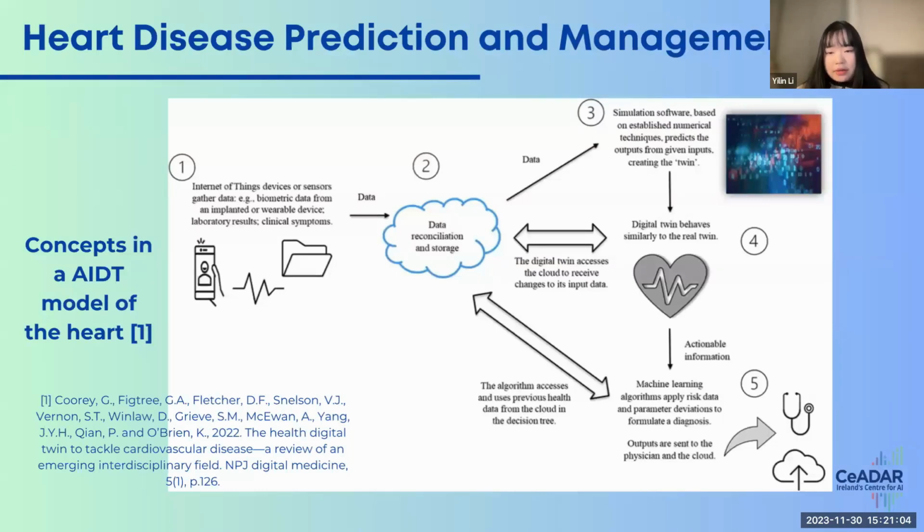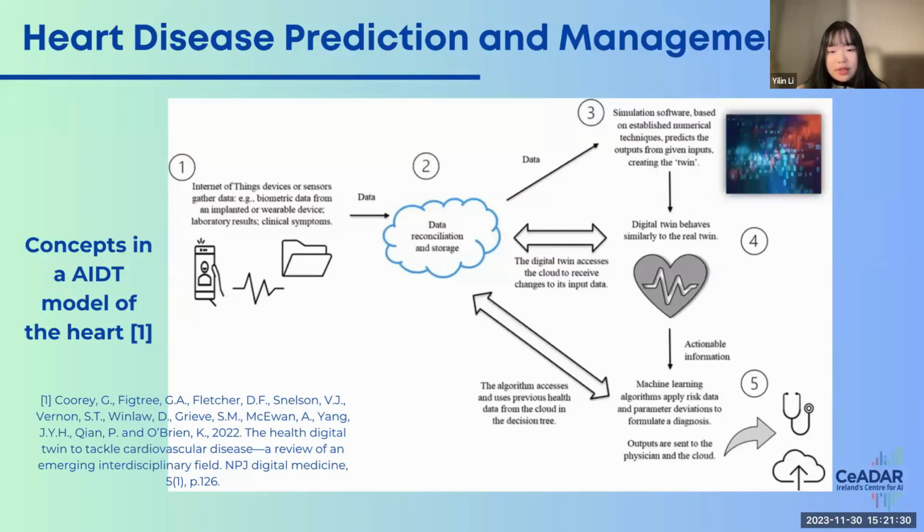In this case, they collect biometric data, which may come from wearable devices that track heart rate or blood pressure, patient-reported clinical conditions, and lab test results. These various data sources provide multi-dimensional views of the patient's health.